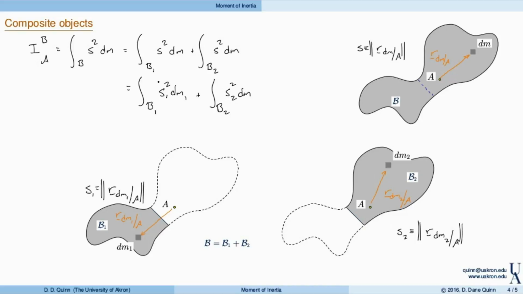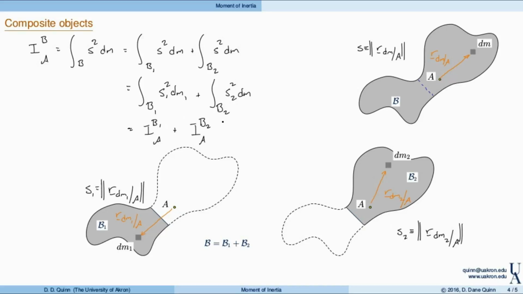So we have the integral over body 1, integral over body 2, and here we notice that this is simply the moment of inertia of body 1 about point A. And this second term is the moment of inertia of body 2 about point A.